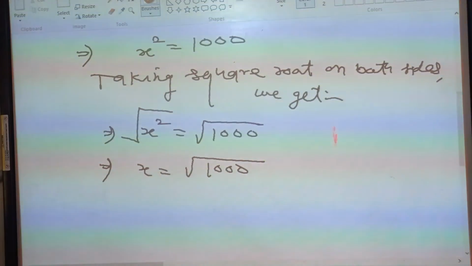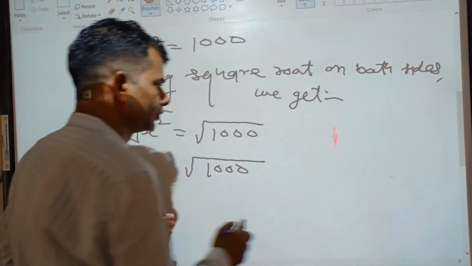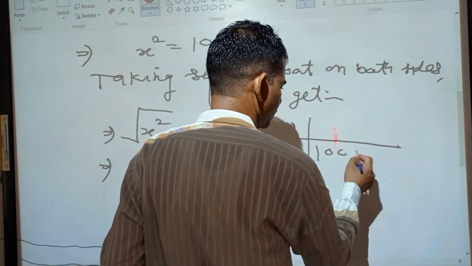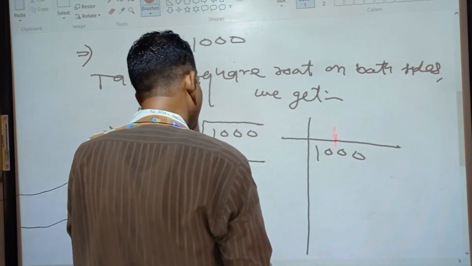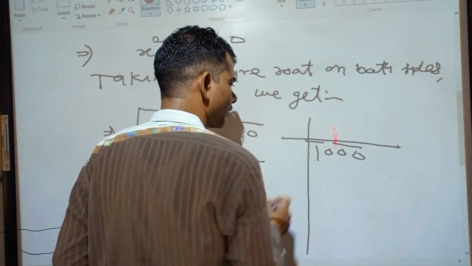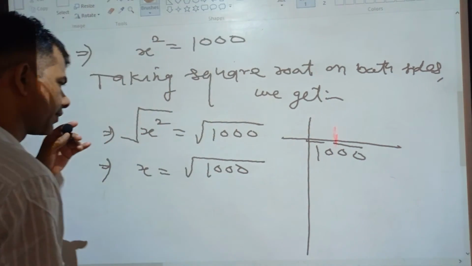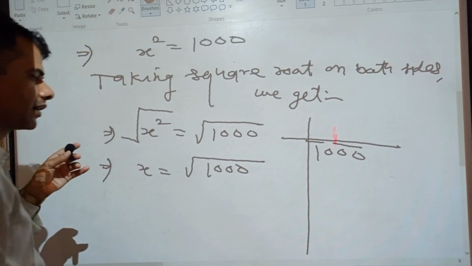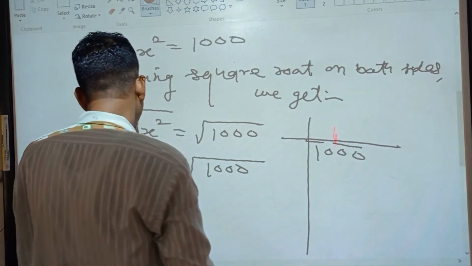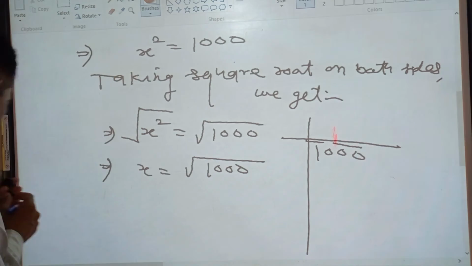Now square root of 1000: pairing from the end. Your first pairing is 10. Count your perfect square number. 3 is a 9.